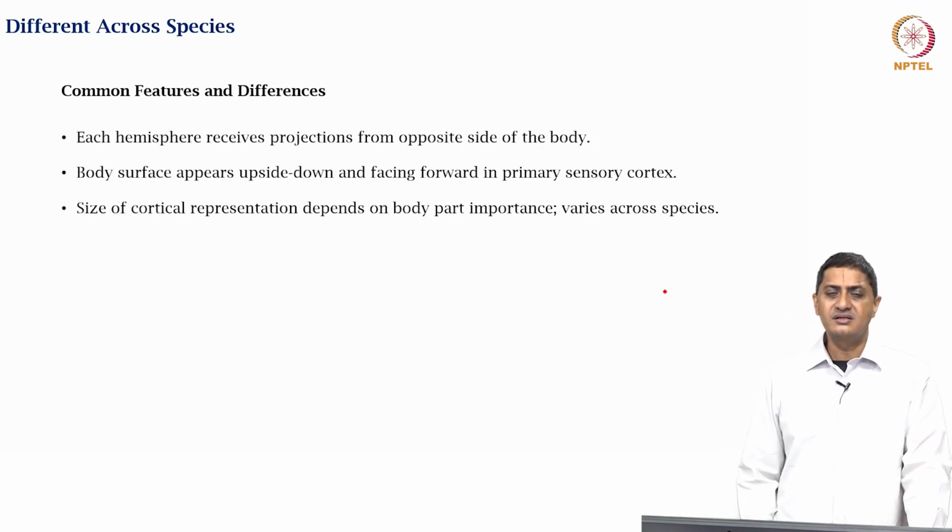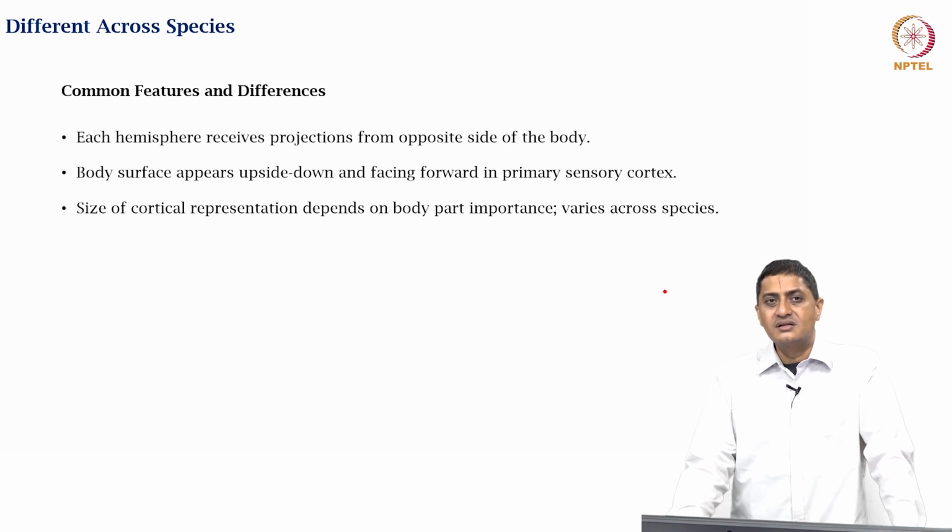And he found that different hemispheres receive inputs and projections from the opposite side of the body, and body surface appears upside down, facing forward in the primary sensory cortex. That is, the body is lying flat with the face or the head pointing anteriorly or to the front. The size of the cortical representation depends on the importance of the part of the body across species.